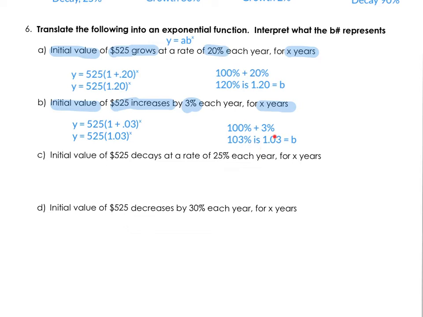I knew that the B value was 1.03, so maybe you just put it in there right away. So it's up to you which way makes the most sense. We get the same answer either way.